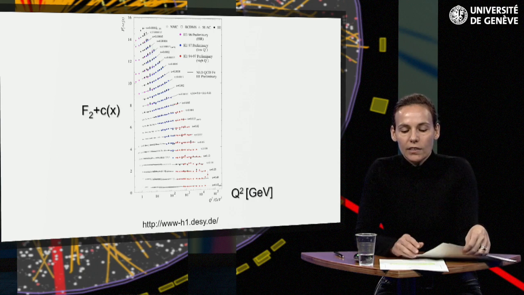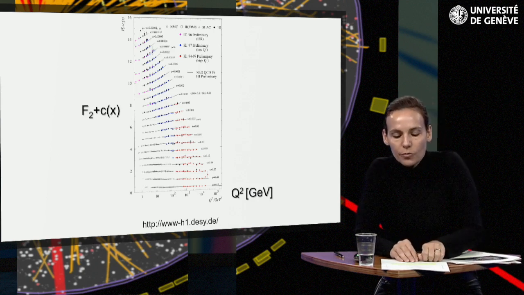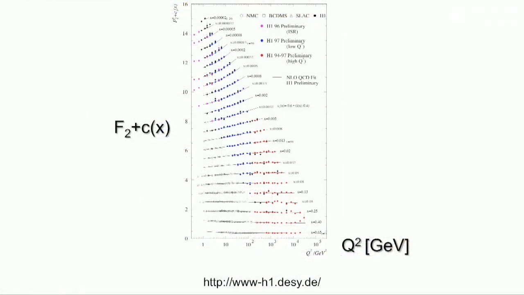However, the scaling of structure functions is not exact. This figure shows modern measurements that come from experiments at the electron-proton collider era. The curves and data for different x are displayed multiplied by a constant in order to be all visible in the same graph.